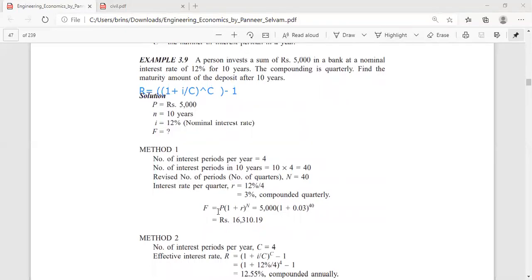So here they have given you the interest rate, right? So you can just directly use it and find it out, right? So that is P into 1 plus I power n. Okay, so the n is your number of quarters. There is a revised number of quarters, capital N. So that will be, the interest period is 4 per year.